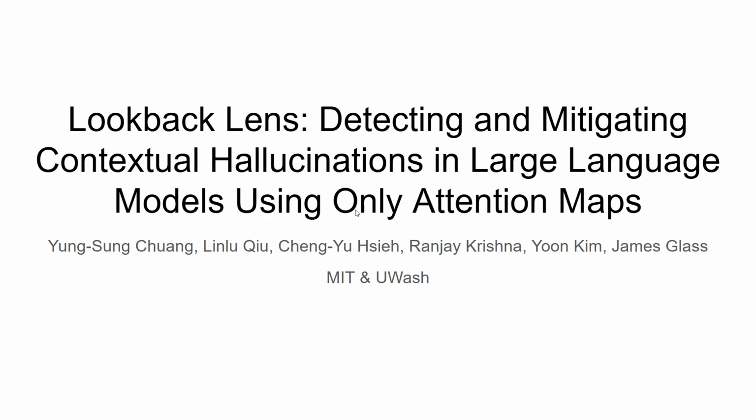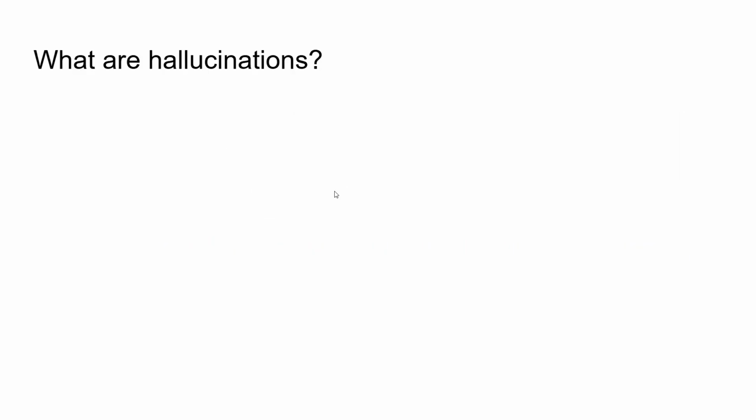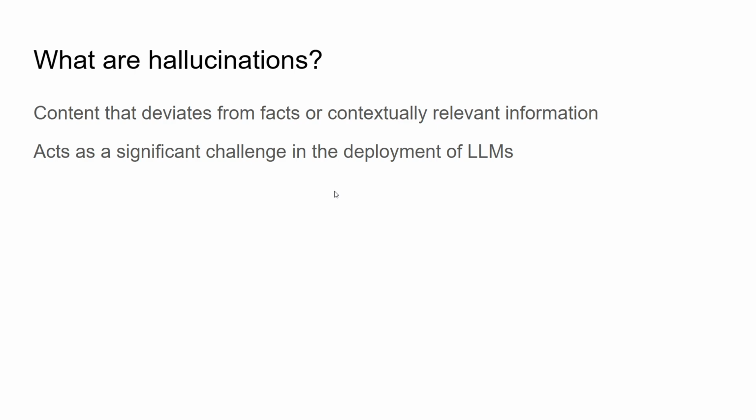Yeah, but moving ahead. So, what exactly are hallucinations? So, content that deviates from facts or contextually relevant information. So, saying, for instance, that Elon Musk is the president of the United States, while that is not true, or it has some context with respect to which we expect it to give an answer.